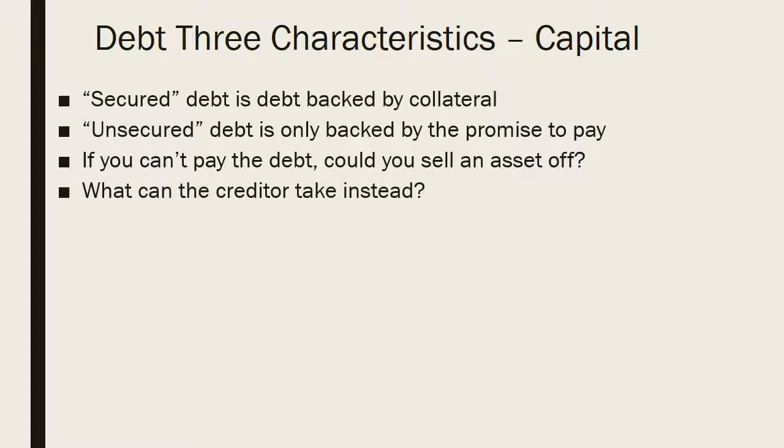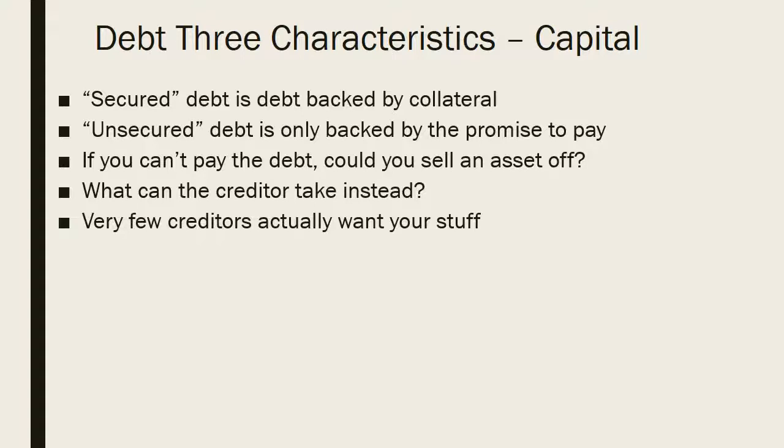So what are types of things that creditors can take instead? Well, it could be collateral as a car. It could be collateral in terms of a house. It could be jewelry. It could be lots of things. But actually, in reality, very few creditors actually want your stuff. Maybe there are some kind of predatory creditors out there, but for the most part, the bank is just hoping you don't default, even if they're going to likely recover all of their funds, because that's not what banks are in the business of doing.